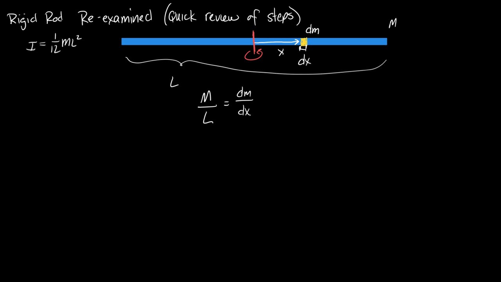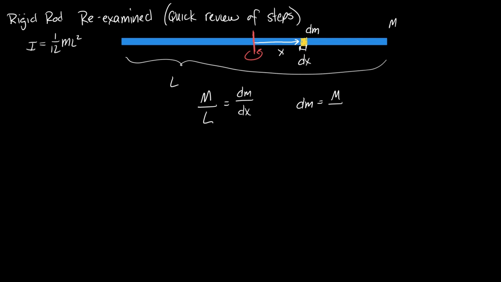This would not be true if it didn't have uniform density. If it didn't have uniform density, they would have to give me this expression, something that would tell me how it changed. But this one has uniform density. Once I have this, my last step is to solve for dm.